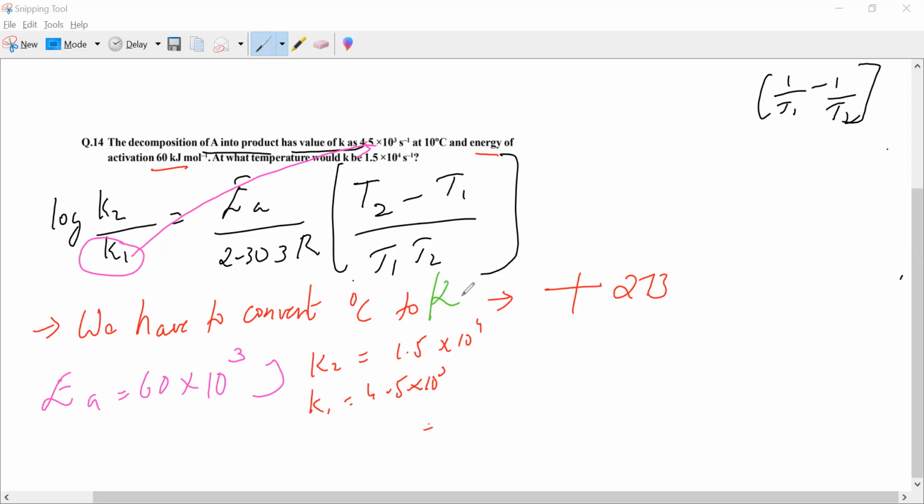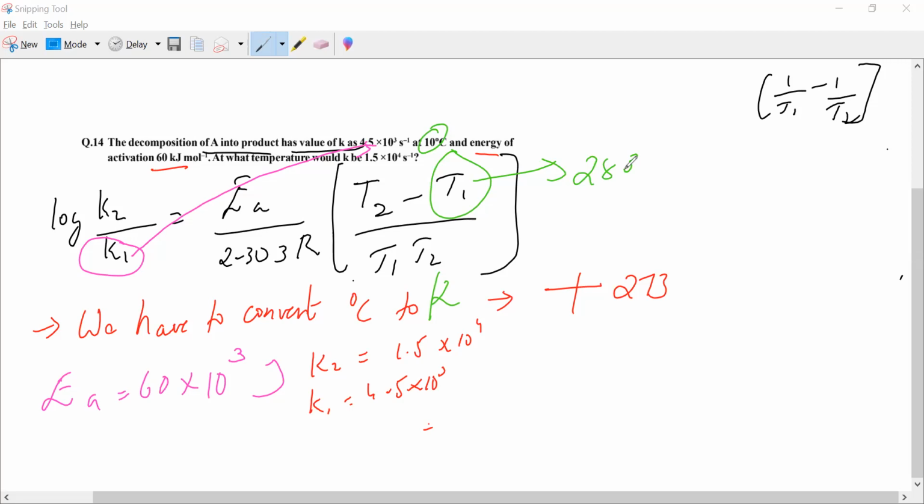We have to add plus 273. So it is basically to Kelvin, we'll add 273. So my T1 is 10 degrees Celsius, that is 283. Clear? Now we have to substitute all of these things in the given equation.